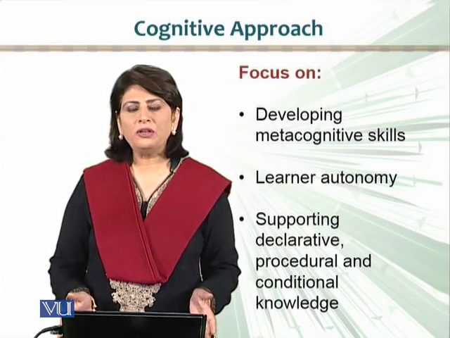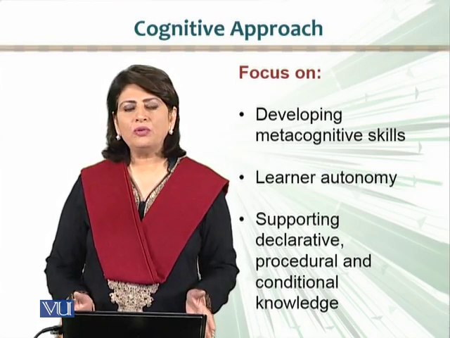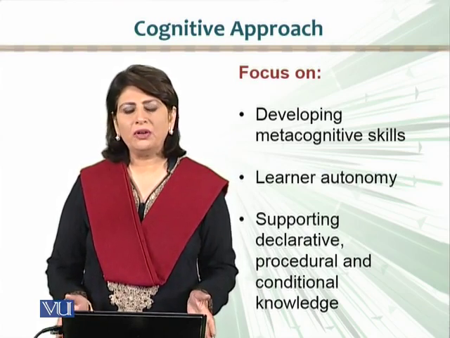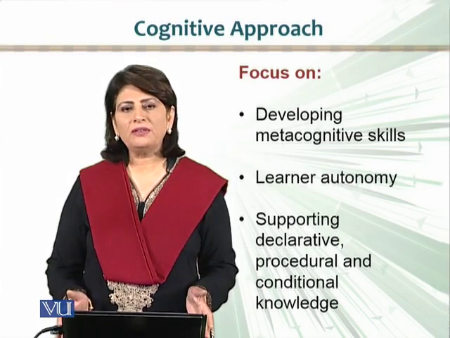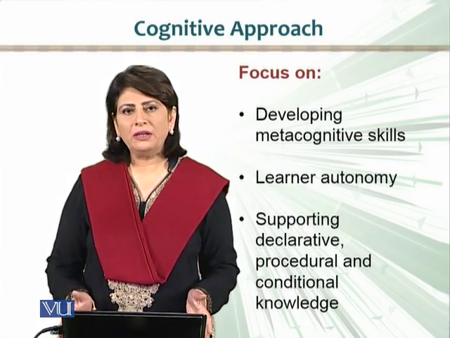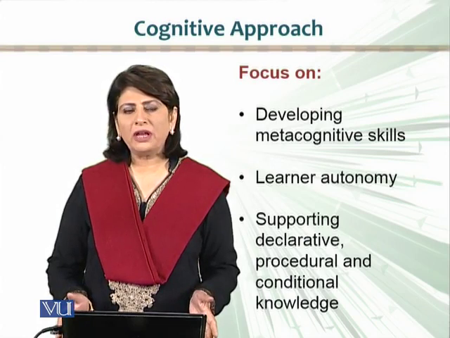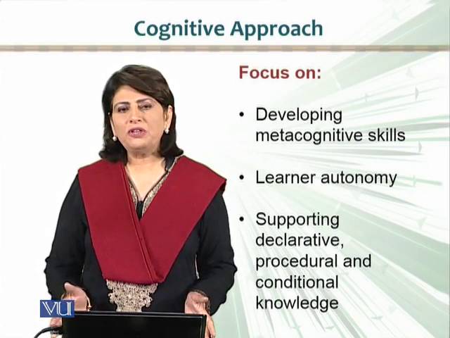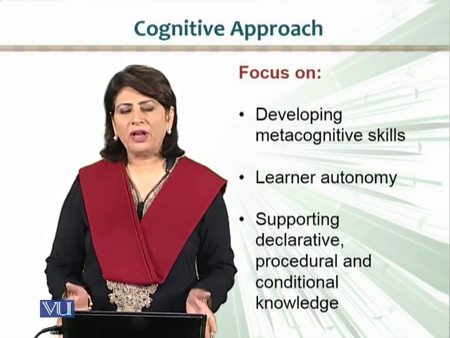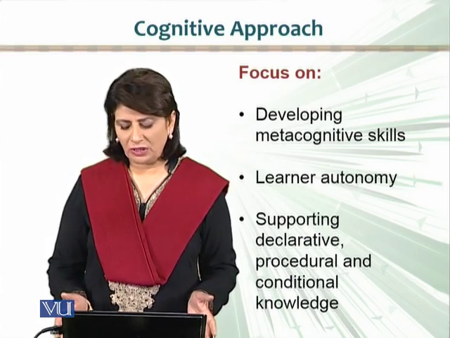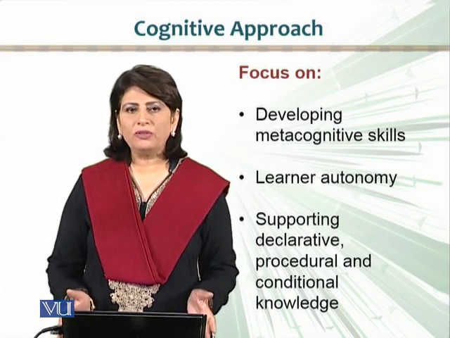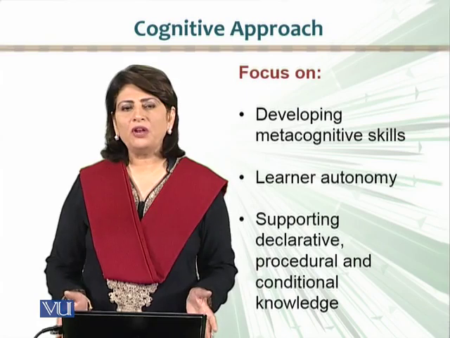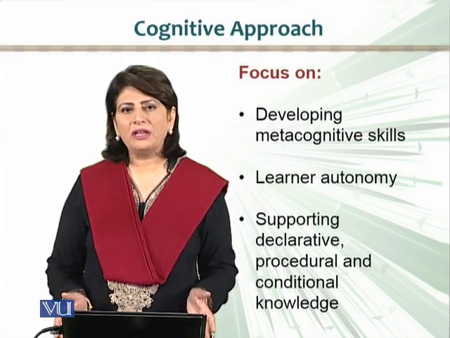The procedural knowledge, that is, how have they learned, what are the strategies that they have used to learn what they have learned, and is the outcome of their learning what they aimed at, or did it not help them? So the procedural knowledge, how to arrive at those learning outcomes that were the goal of the program. And the third one is conditional knowledge, when and where to apply the knowledge that they have.